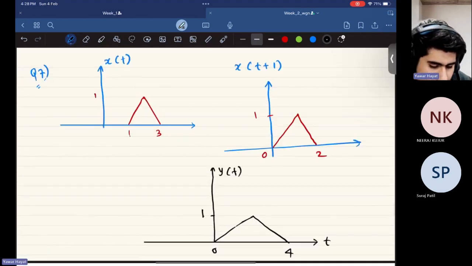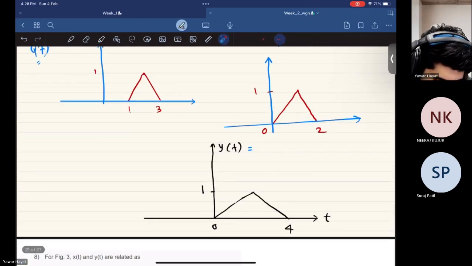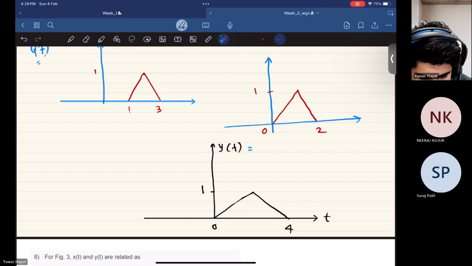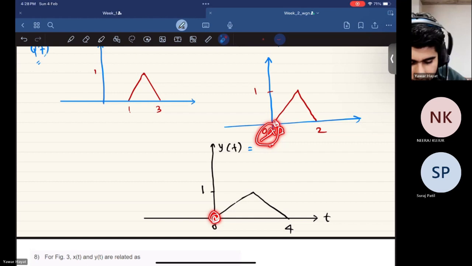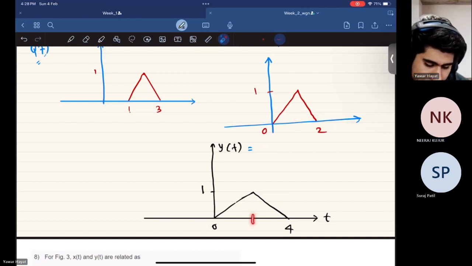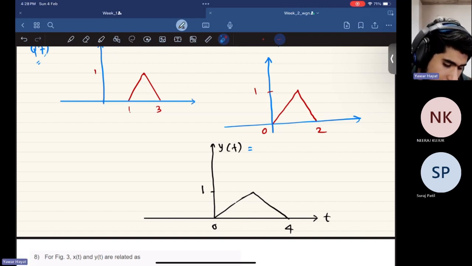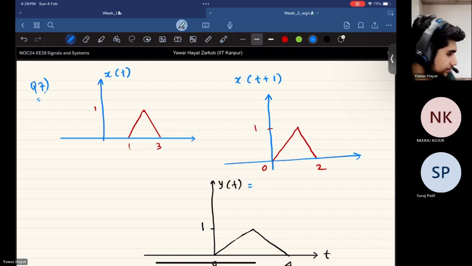So what should this y of t be equal to? See, this point won't get scaled, right? This would be fixed because 0 divided by something or multiplied by something would remain. So this would be like hinged. And this 2, we can expand this, right? And we can expand this point as well to this 2. So I hope this is clear that the operation is.